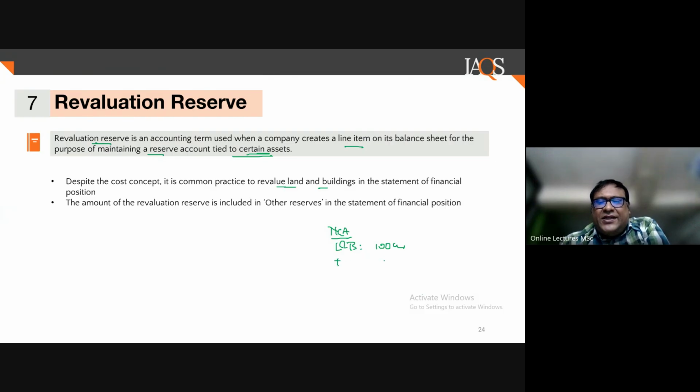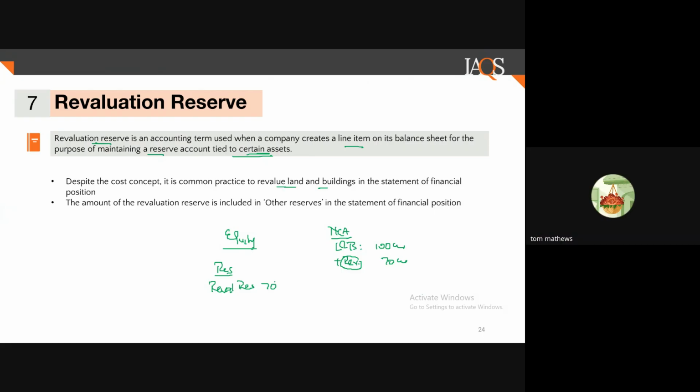So the addition of 70 crore will be the revaluation, and the second effect will be under the heading equity. Under reserves we will create a revaluation reserve of 70, because everything has to tally. We need a debit and a credit effect. All good, Tom?